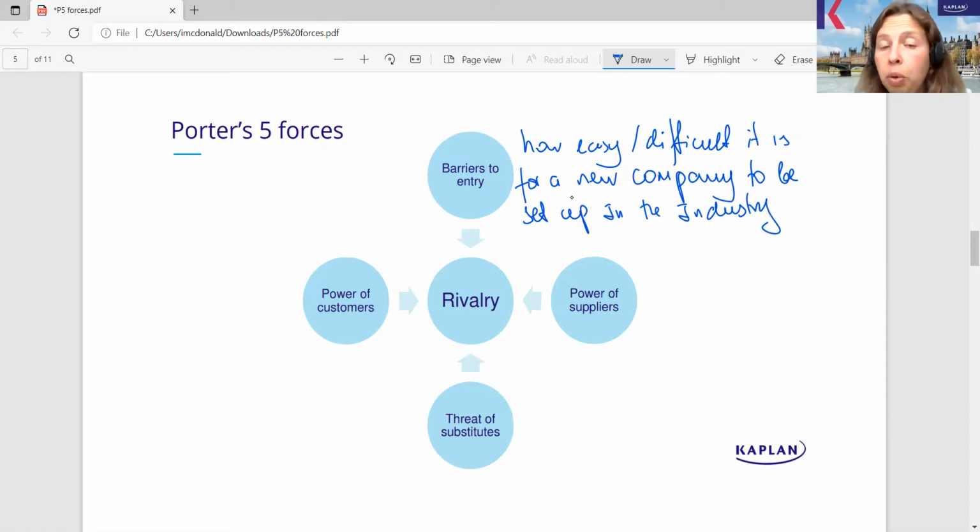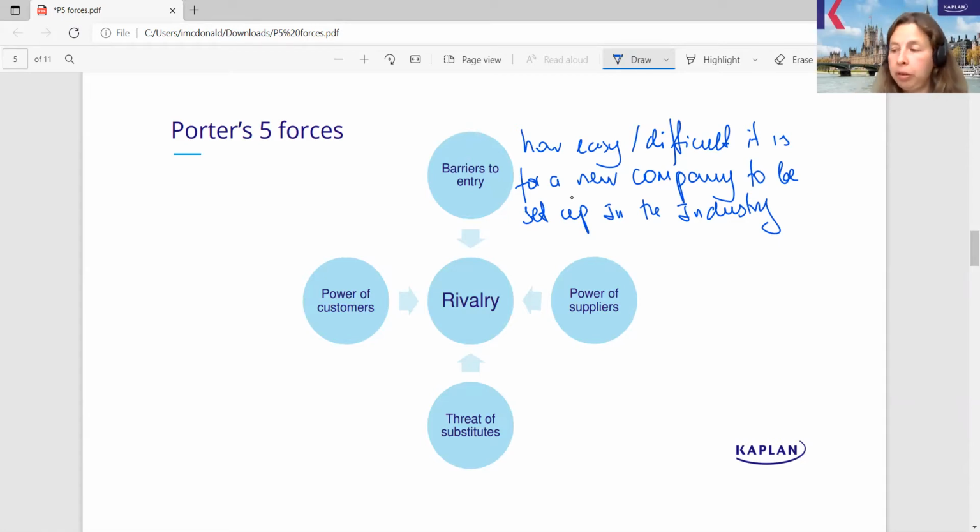So, for example, if I want to set up, let's say, a supermarket, I will need to have access to premises. I will need to have significant funding upfront to buy all the stock to equip my shop. I also need to understand my relationship with suppliers.